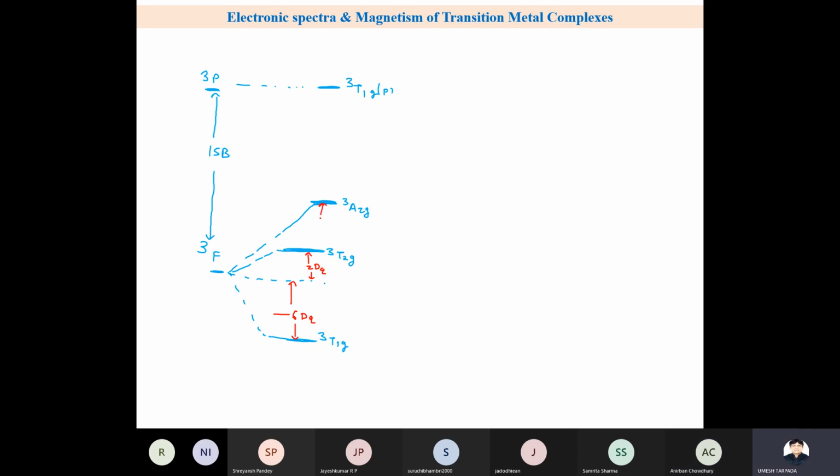So what is this value? 10 dq. This is the 10 dq. So this is the case of free ion, and you can have a case of complexes, weak crystal field splitting complexes. So this value is 15B between F term and this one. This is a 15B value.